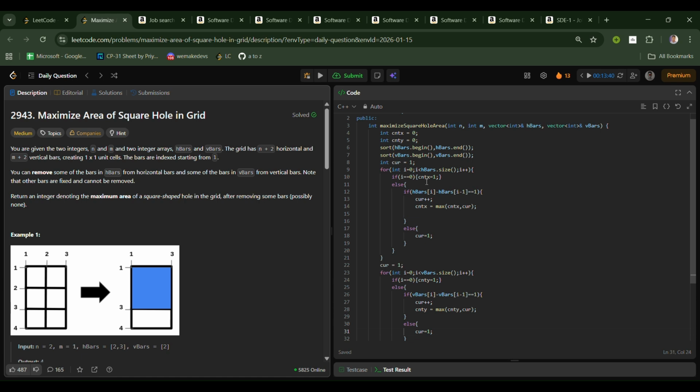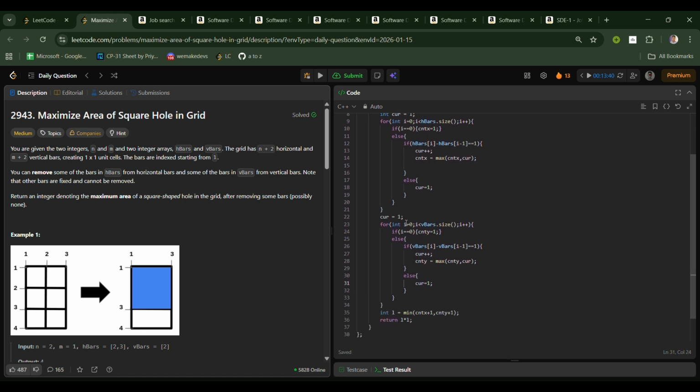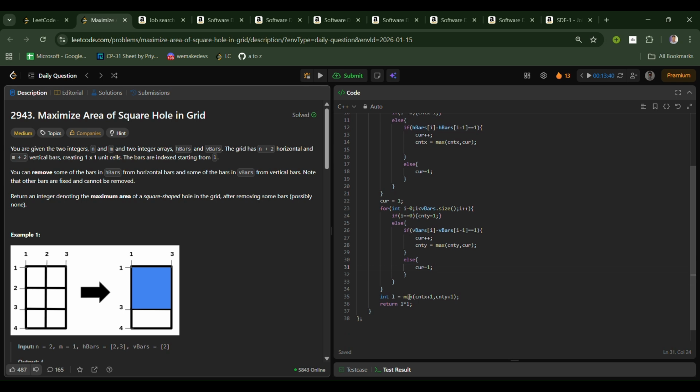So I am updating my count: count x is the count of maximum consecutive horizontal lines removed, and similarly count y is the maximum number of consecutive y lines that are going to be removed. And I have taken the side length as the minimum of count x plus 1 and count y plus 1, and I have returned the area.